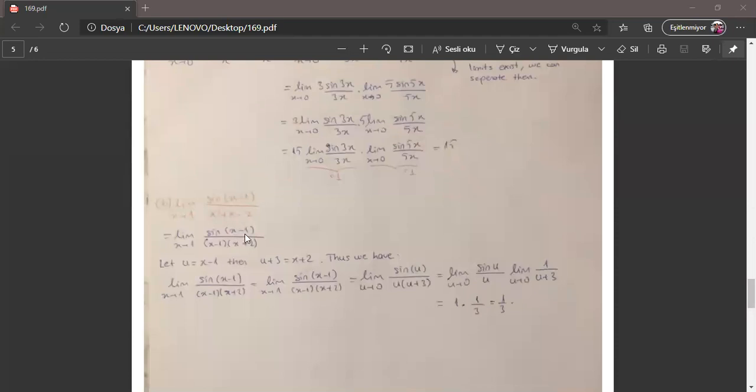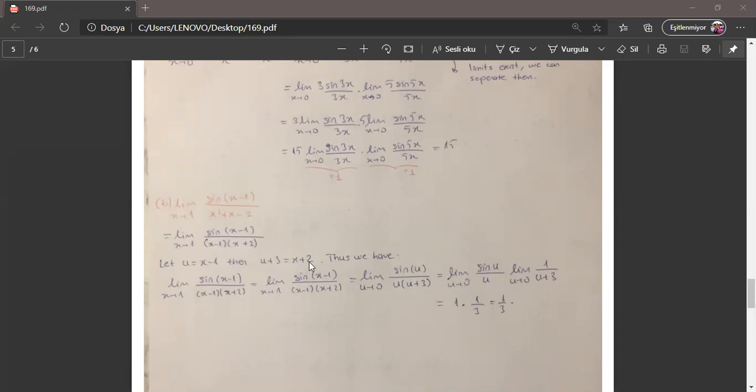So for that one, we first separate or rewrite the denominator of the given function. Then we change the variable. Here we write u equals to x minus 1. Then if we add 3 to both sides of the equality, we have u plus 3 equals to x plus 2.